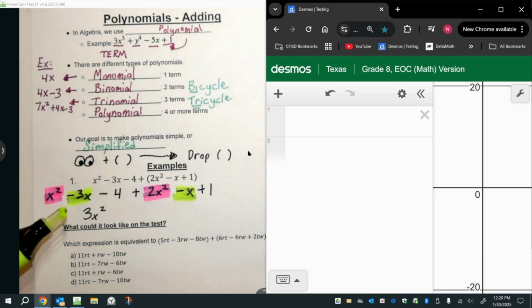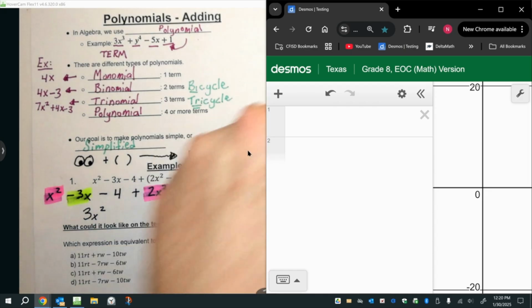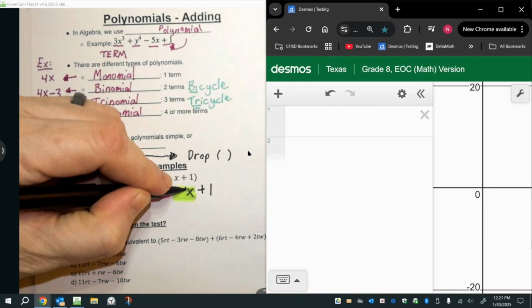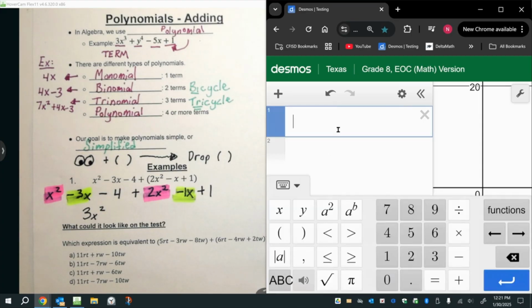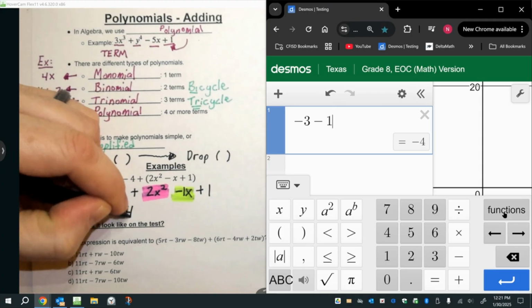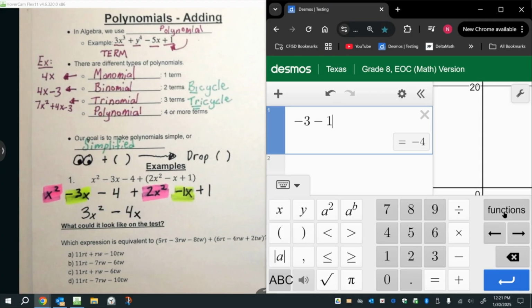And so what I have is negative 3 minus the 1x that's sitting here. So negative 3 minus 1. You cannot type x; it doesn't do anything. You can only type numbers. So this is negative 4, and we attach our x.